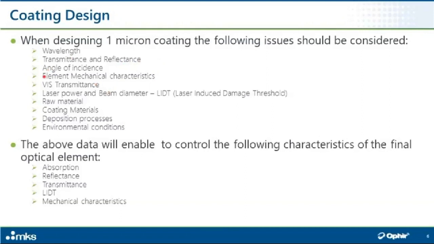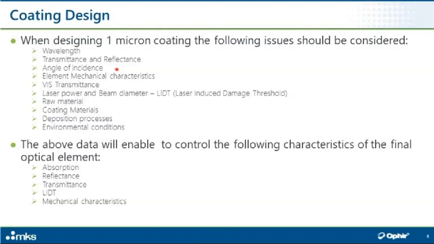The next parameter is angle of incidence. Typically, our optics cover angle of incidence of 0 to 15 degrees. Any value in this range should be fine.